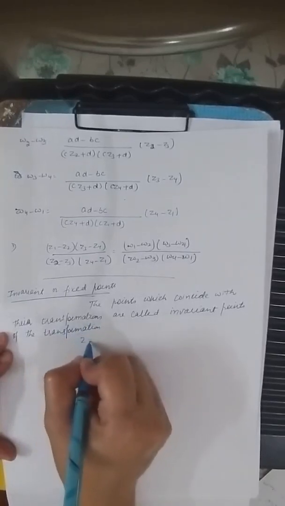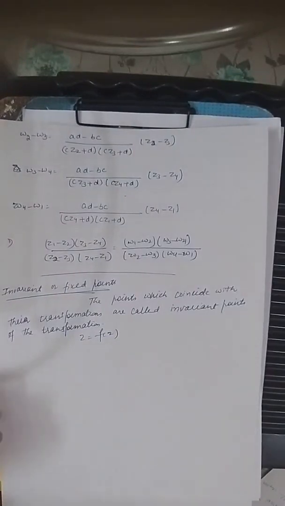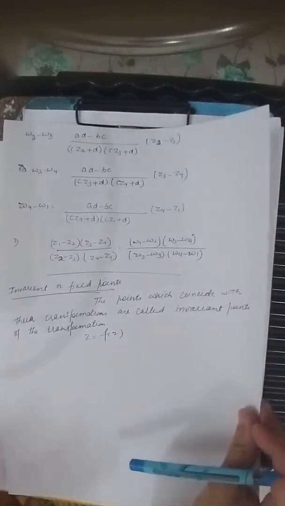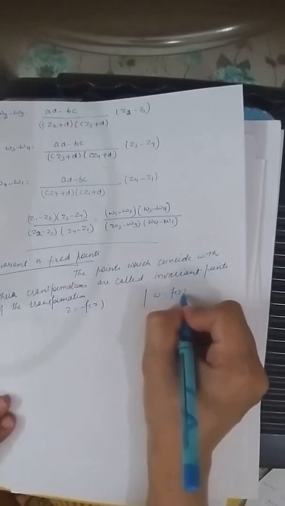That is, if z equal to f of z, the value of the point is equal to its image, then the point will be called an invariant point, and here the transformation is w equal to f of z.